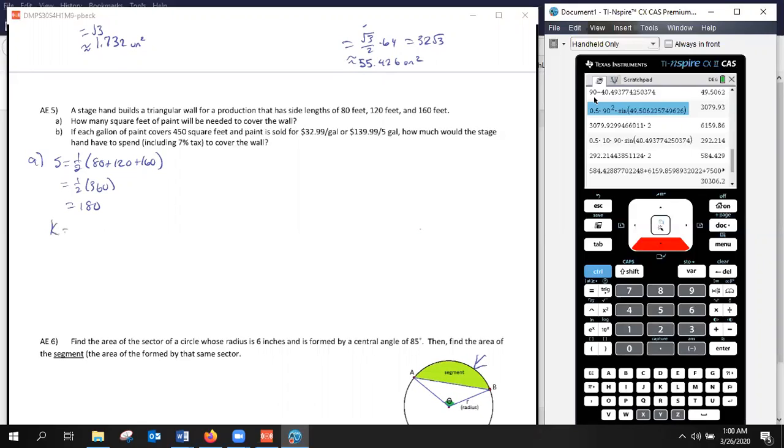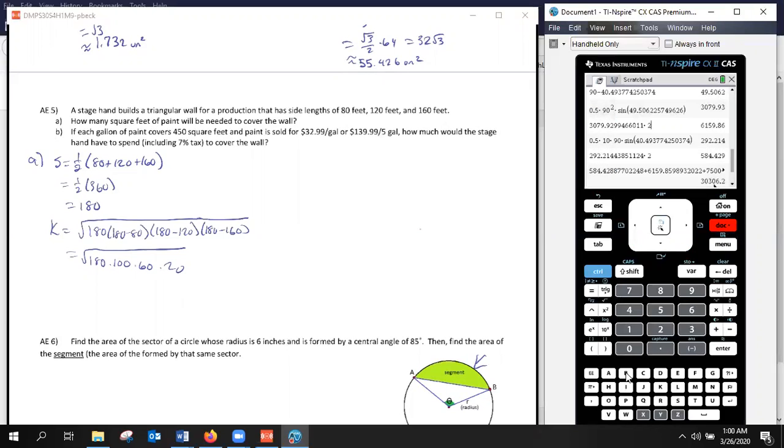And now Heron's formula says our area is going to be the square root of 180 times 180 minus 80 times 180 minus 120 times 180 minus 160. So that would be the square root of 180 times 100 times 60 times 20.